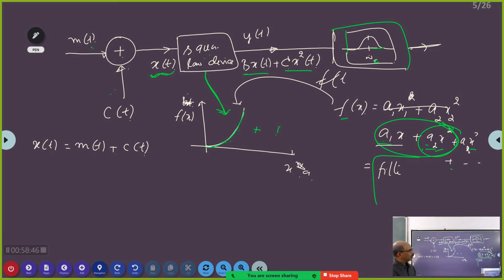The frequency is around omega c, and these two things, what is this? This is omega c minus omega m, and what is this? This is omega c plus omega m. So at the output you are going to get all these three frequency components. All the frequencies in between this you are going to get at the output, and you have generated the amplitude modulated frequency. Okay?